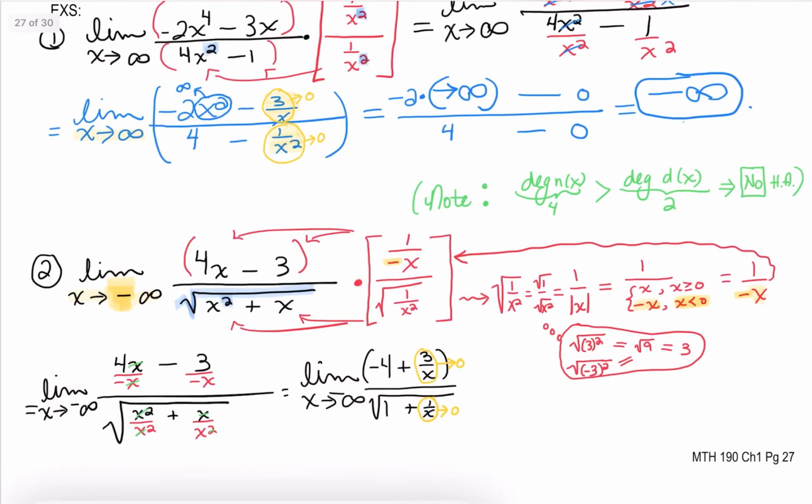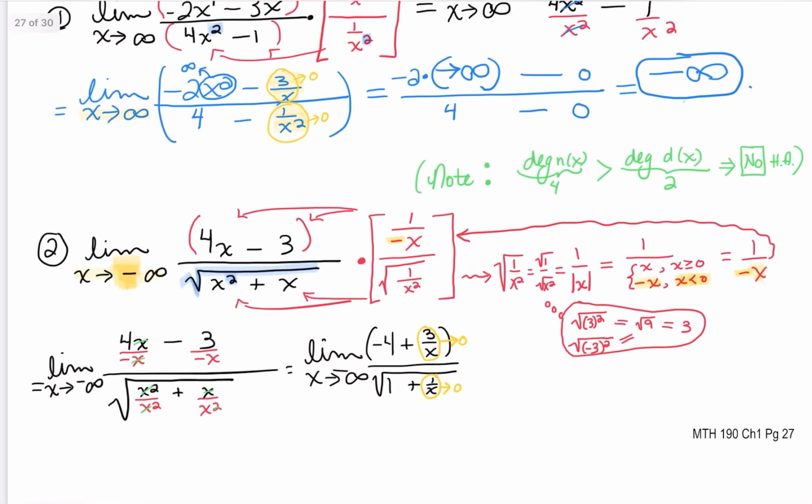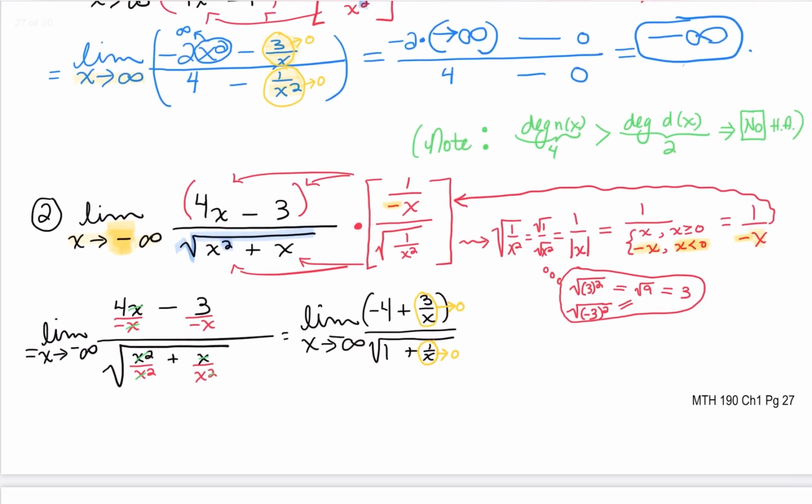And in this case, that's the only 2 locations I have of x's. So it looks like I will have a negative 4 plus something going to 0 divided by the square root of 1 plus something going to 0. So negative 4 over the square root of 1 is just going to be negative 4.